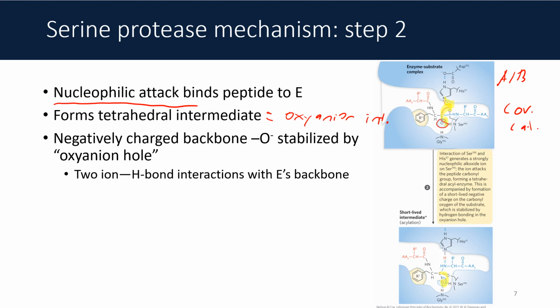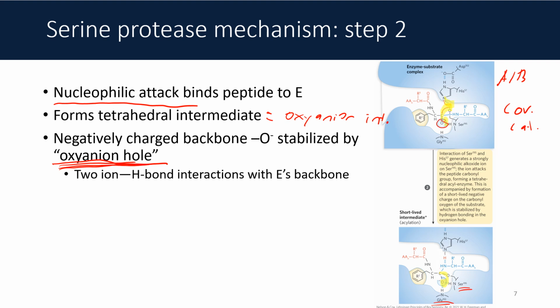Now, nature is very smart. This oxyanion intermediate is hard to form because it's high energy. We're separating charge here. So to stabilize the oxyanion intermediate and make it easier to form, we're going to have a special pocket on the opposite side of our catalytic triad. And this is called the oxyanion hole. And they are formed from two backbone NH groups of this glycine and the attacking serine.